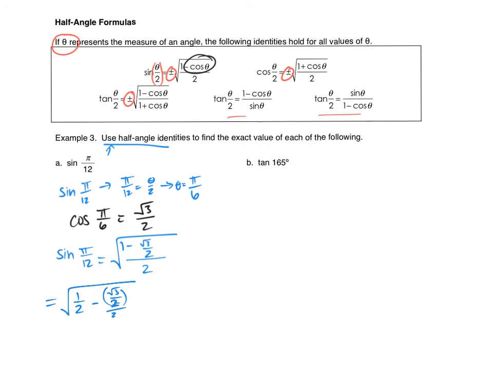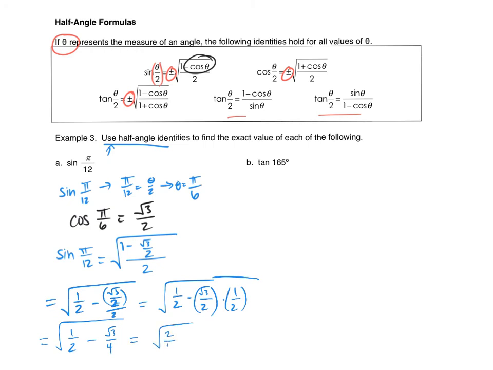And so that tells me that this is just 1/2, but then this is root 3 over 2 multiplied by the inverse of 2, so 1/2, which means that 1/2 minus root 3 over 4 is 2 over 4 minus root 3 over 4.